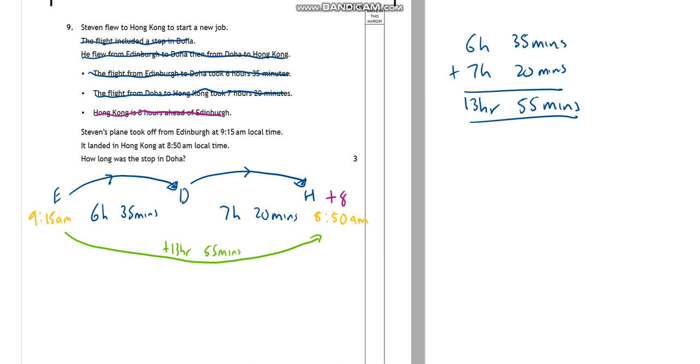So let's just do that in sections. If I add on 13 to 9, I'm going to get 22. Say add on 13 hours. That's going to give me 22 hours and 15 minutes. And then I'll add on the 55 minutes. Okay, so just do it in sections. That's like adding an hour, taking away 5.